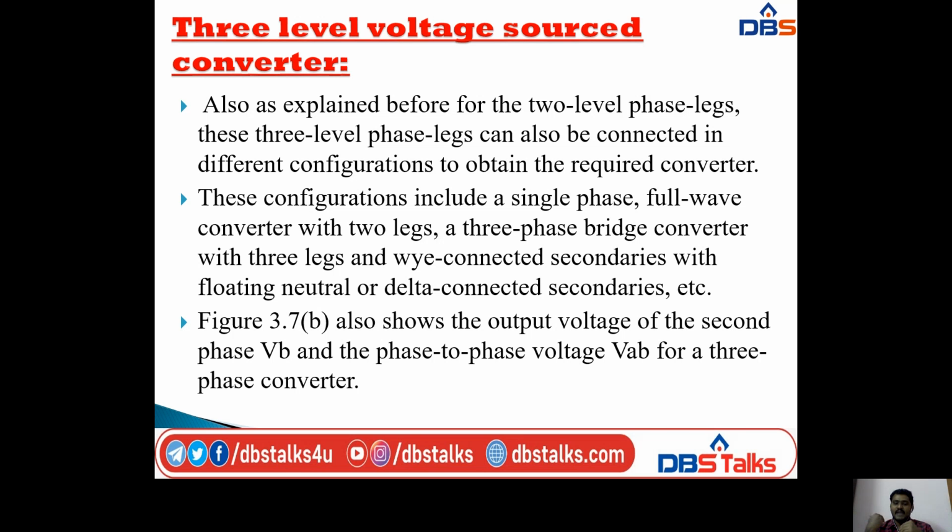These configurations include a single phase full wave converter with two legs, which is the first concept in this chapter, and a three phase bridge converter with three legs, and star connected secondaries with floating neutral or delta connected secondaries, which is the second concept we deal with in this chapter.